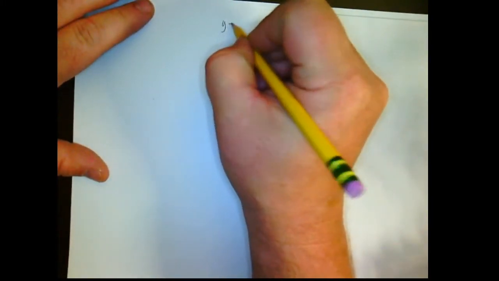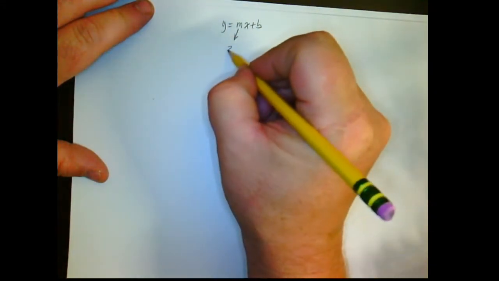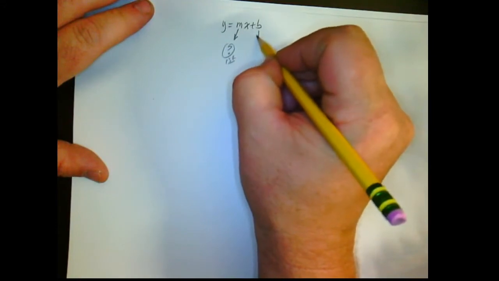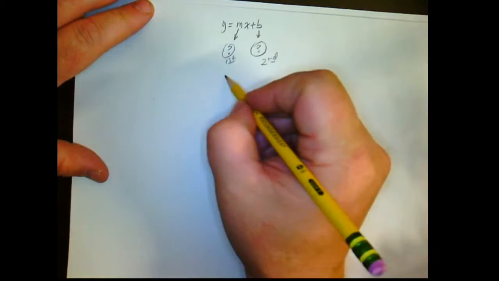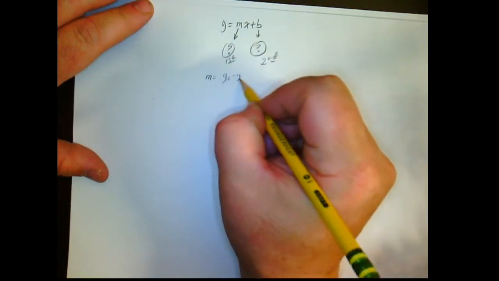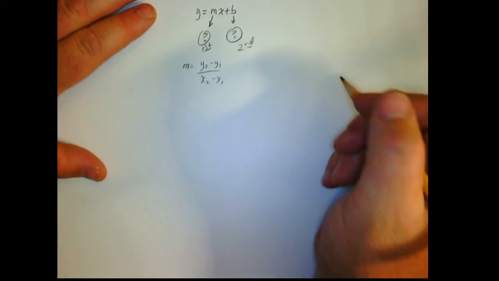We need the slope first, and then we get the y-intercept second. To do your slope, use the formula. They give you 2 points, so all you got to do is use those 2 points. And then once you figure that out, I'll show you what to do next.